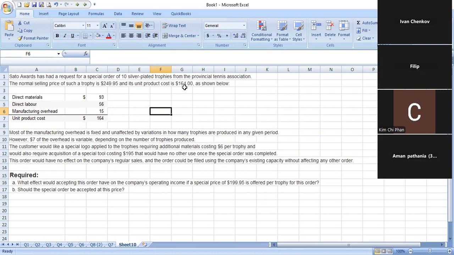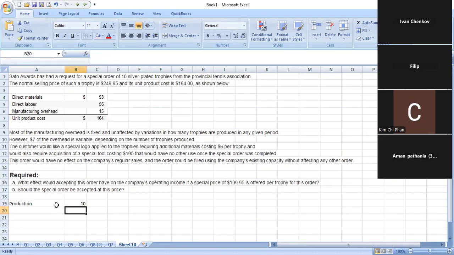What effect would accepting this order have on the company's operating income if the special price of $199.95 is offered by the trophy customer for this order? That's the first question. And second, should I accept or not? So, okay, what do we have to do? How many do we have to produce? 10.